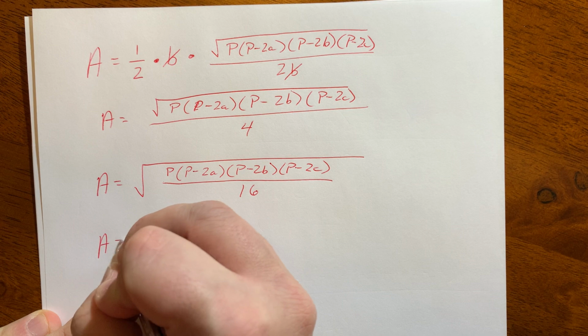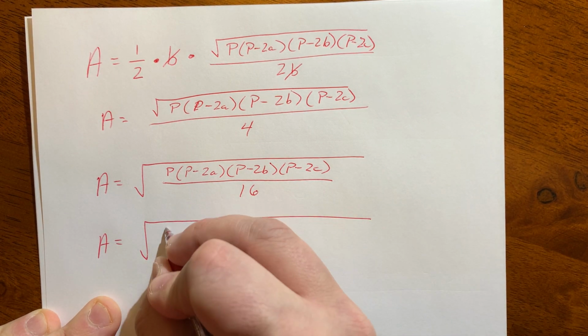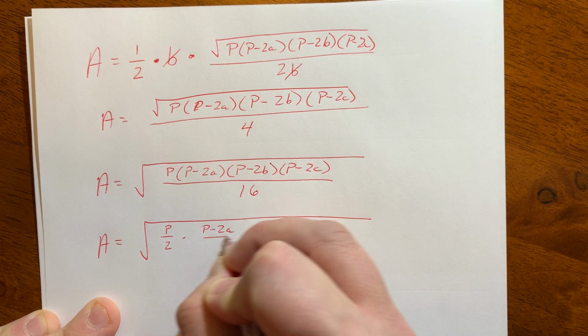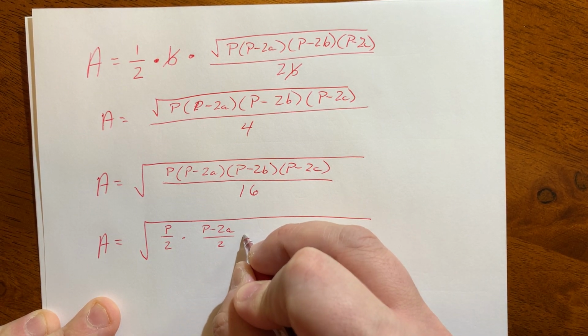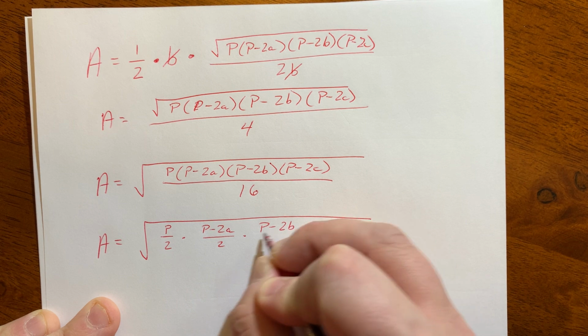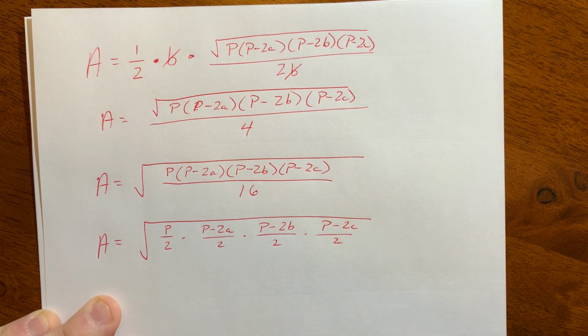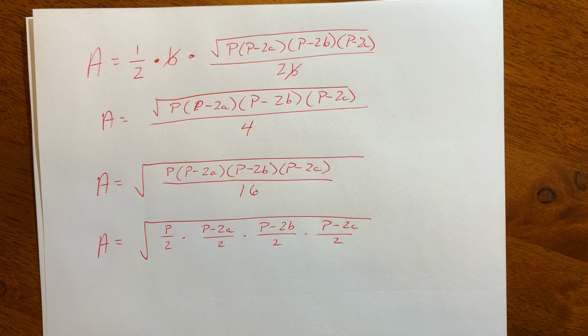Okay, but that's the same thing as if I had given each of these individually a little division of 2, because 16 is just 2 times 2 times 2 times 2. So I could rewrite each of these little perimeter-based expressions over their own little 2.